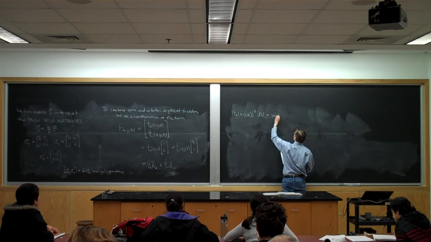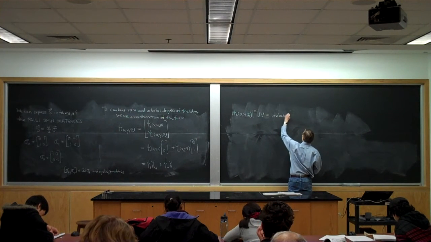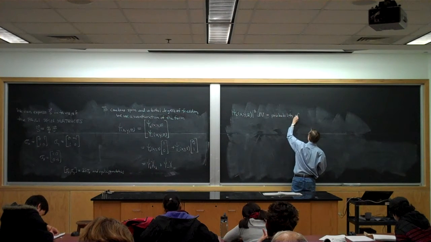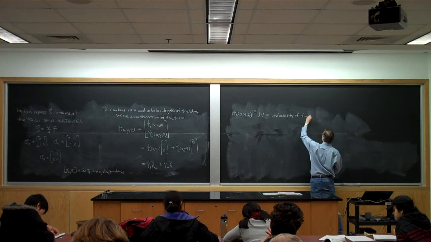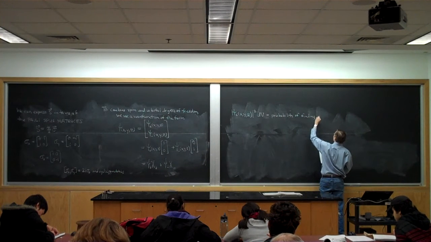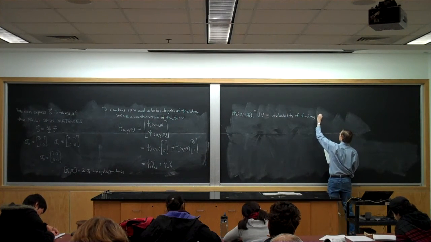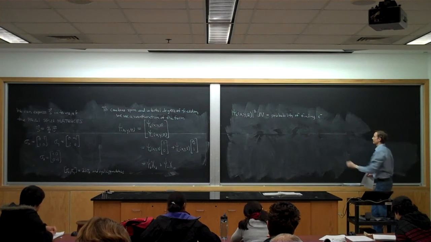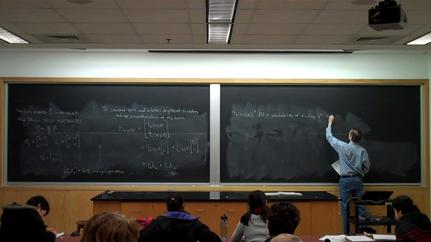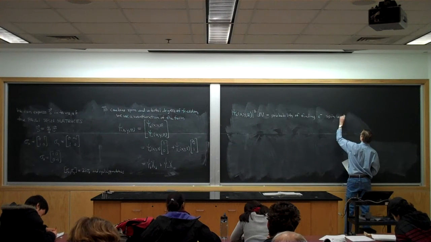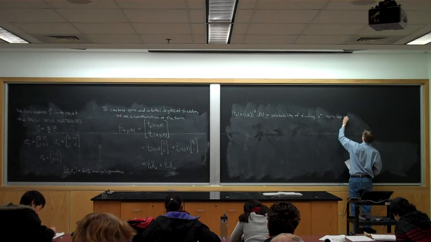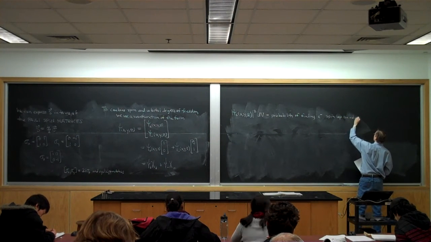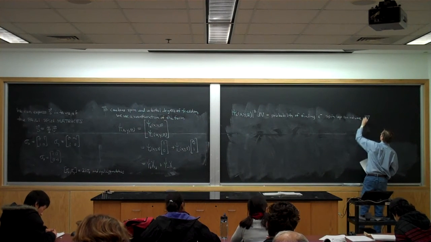It is the probability of finding, we'll make it an electron, it could be some other spin one half particle, but an electron, an e minus, spin up in our little volume element dV.